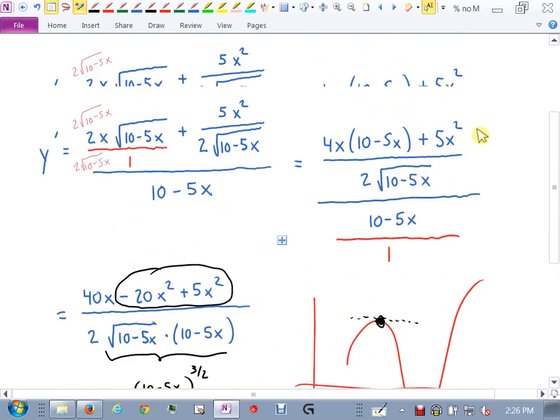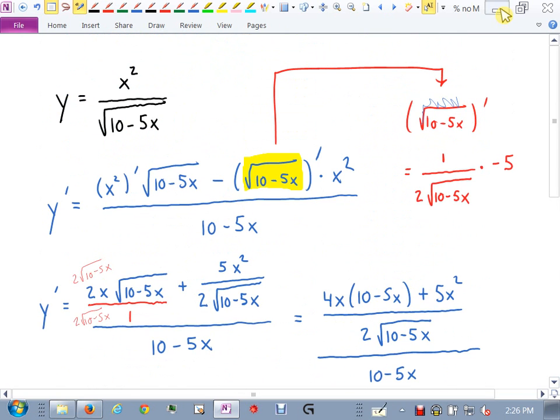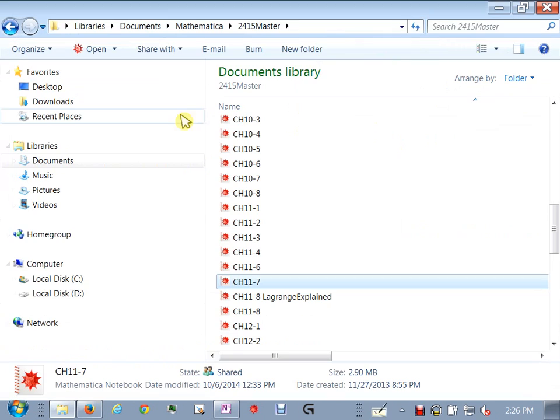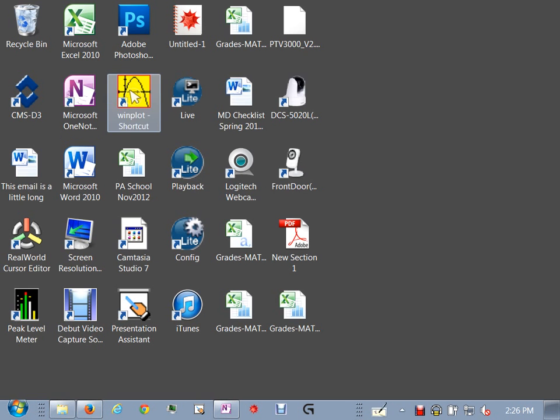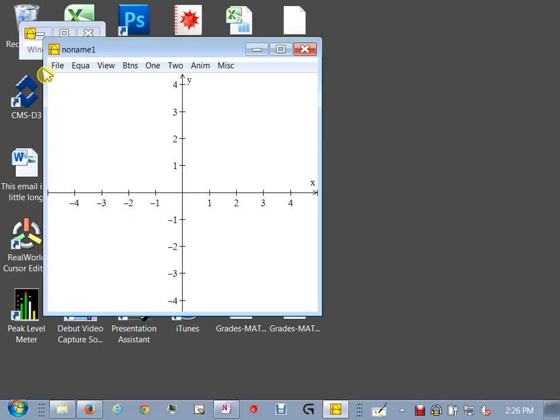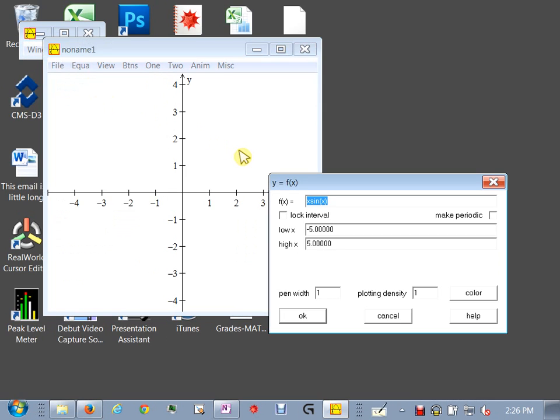Now, let me go back up here. Okay, that was x squared over square root of 10 minus 5x, right? That's what it was?